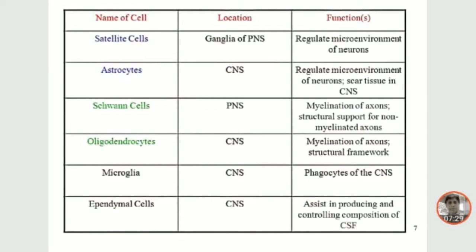See, the ganglia of the peripheral nervous system consist of satellite cells. The peripheral nervous system consists of Schwann cells. The central nervous system consists of astrocytes, oligodendrocytes, microglia, and ependymal cells.